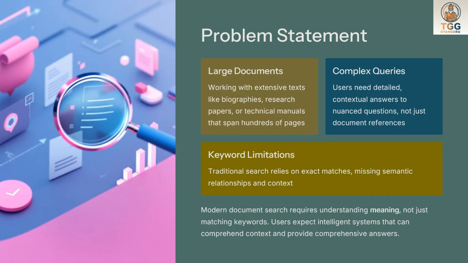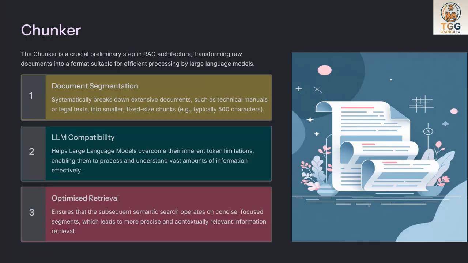The challenge is to build a search system that can understand natural language queries, retrieve the most relevant information, and provide context-aware responses using modern AI techniques like retrieval-augmented generation.